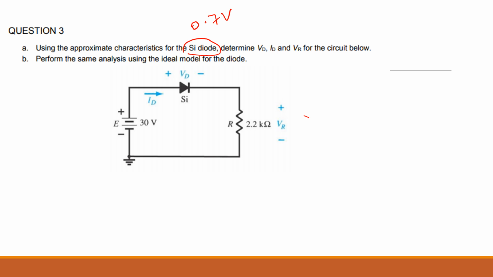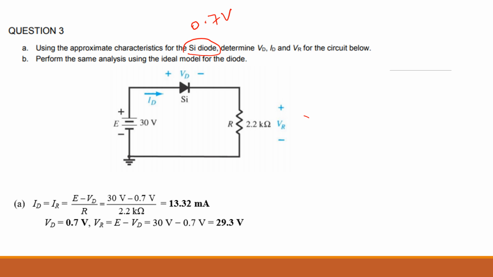Also, the first thing that you need to do is check whether the diode is in forward bias or reverse bias. Can you tell me, is this diode in forward bias or reverse bias? Forward, because the current is going into the triangle, not to the barrier side, isn't it? So there is a current flow. If the current is coming into this side, it is forward bias.